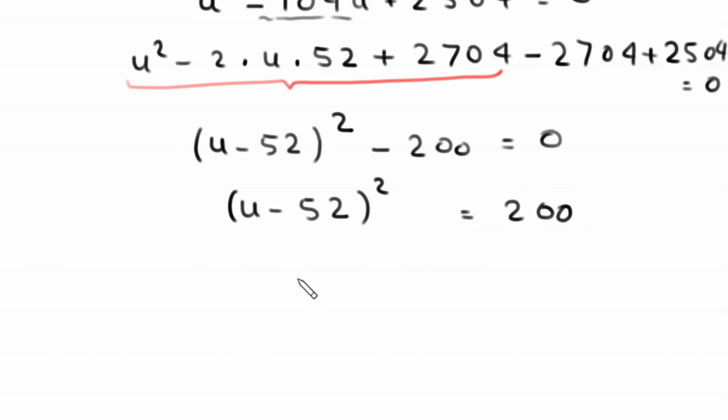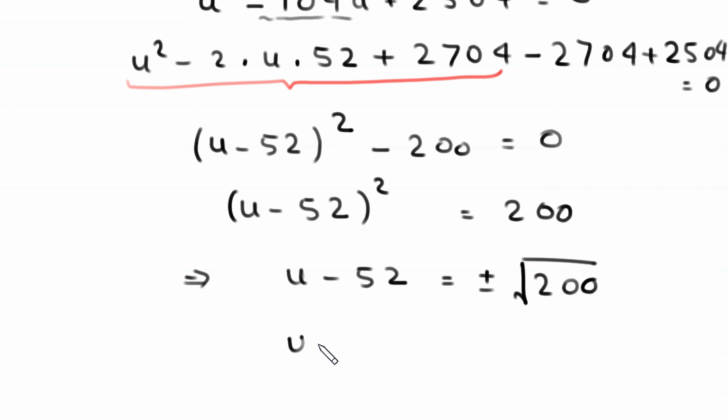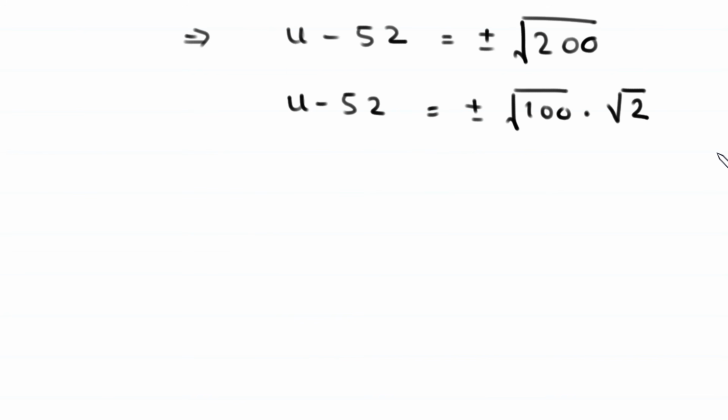If we take a square root of both sides, this implies that u minus 52 equal to plus minus the square root of 200, and this will become u minus 52 equal to plus minus root 100 times root 2. So u will be equal to 52 plus minus 10 times root 2.